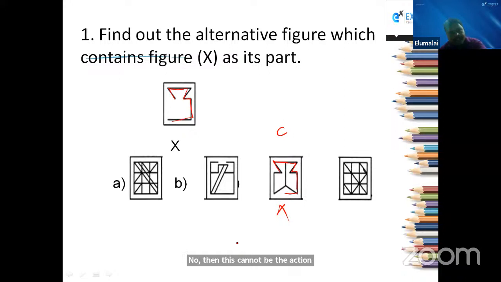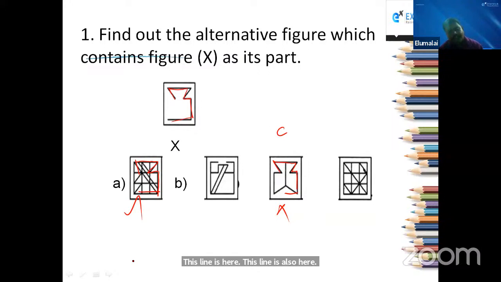I hope you can understand this. Now, what would be the answer here? If you trace here, this line is here, this line is here, this line is here, this line is here, this line is here, this line is also here. So A is the correct answer.